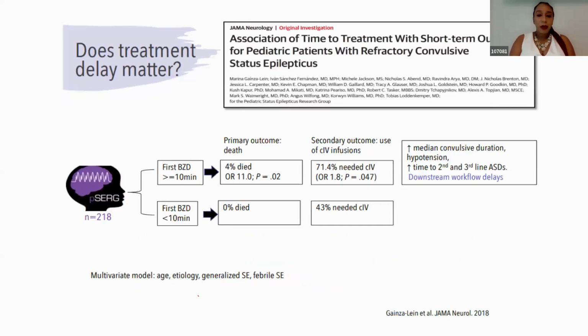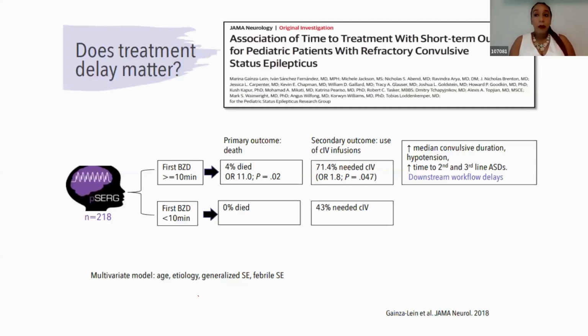So there was this study done in a pediatric population where they said, okay, we want to see how quickly we're administering benzos, and then looking at what the mortality rate is, and also if we administer medication quickly, do we need to use continuous IV infusions? And as you all may have guessed already, if you treat within that 5-minute period, as soon as that 5-minute mark hits, great, you're doing amazing.